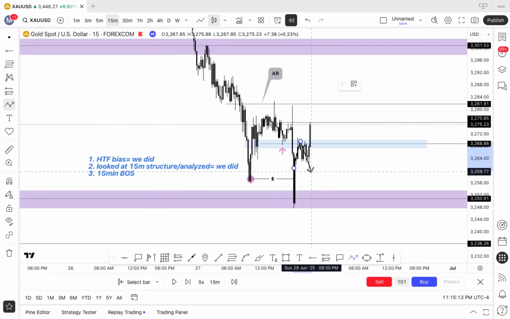When I say structure, you need a foundation, something you can utilize more consistently until you get confident in seeing things where you're like, oh, I'm just gonna enter. I've seen this move so many times, okay? So that is one thing I want to point out. Maybe I would have gotten in here because I'm just used to how the markets are. That's just me. But I want you guys to wait for a 15-minute break of structure.